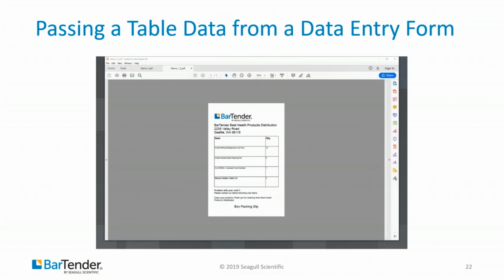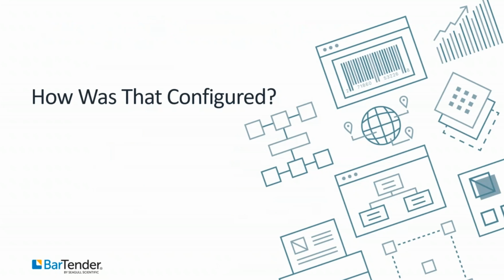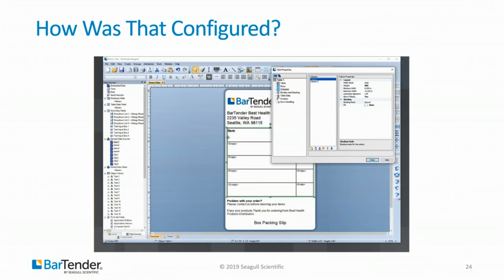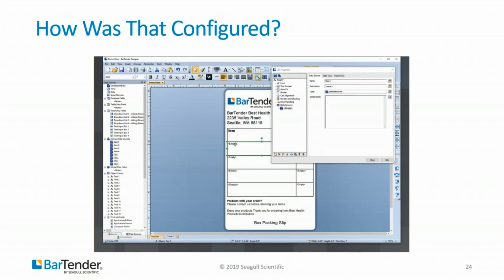Let's go ahead and review how that was configured. We'll go into the template itself once again, and for this clip we'll go into the properties. And remember, this is where we just reviewed everything. In this example, I don't have any formatting in my rows or columns, I don't have any organization, but I do have objects within each cell, and each one of those objects has a data source, and each one of those data sources is named.